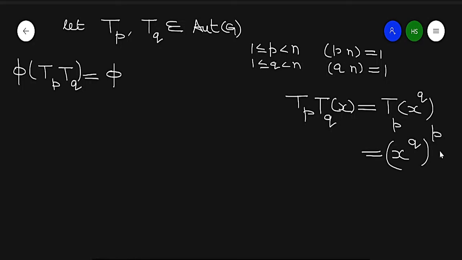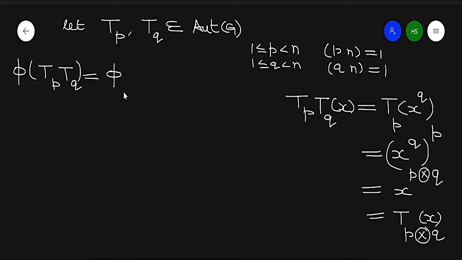So it becomes x raised to power p multiplication modulo q. So what is this? It is basically T of p multiplication modulo q with respect to x. So this is by using that result.